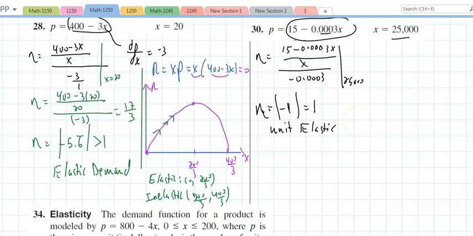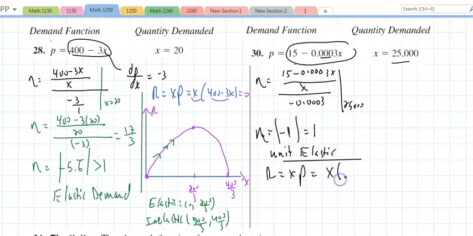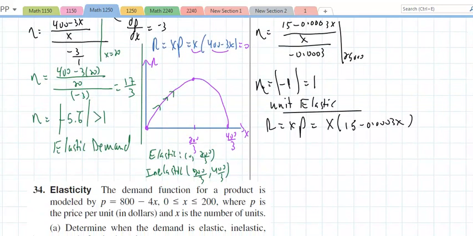And if I want to do part B, the second part, it says sketch the graph of the revenue. I'll say, well, revenue is x times p, right? X times the demand function. And if I was to sketch a graph of that, okay, here we go.